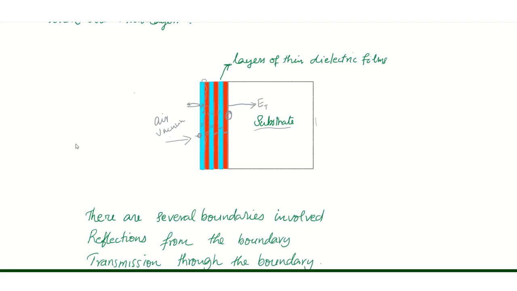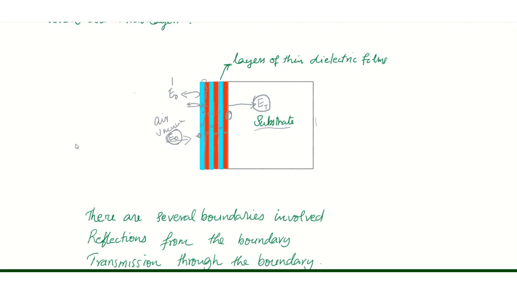Suppose we have E0 that is coming in from outside. What we are trying to do is to relate E0 and Et. How much will be transmitted, how much will be reflected. There will be some reflections. Let's call it E0 prime.